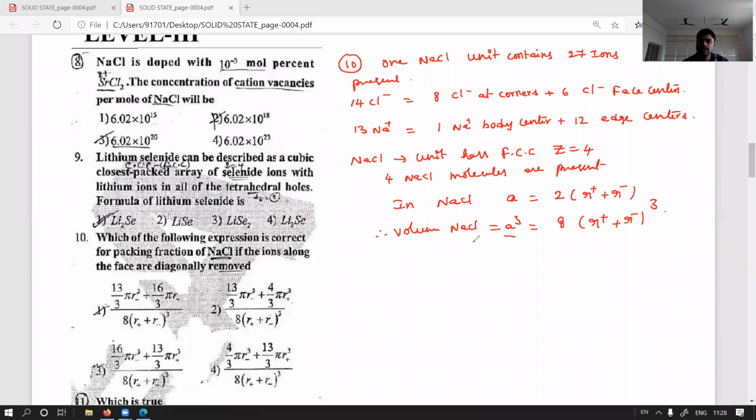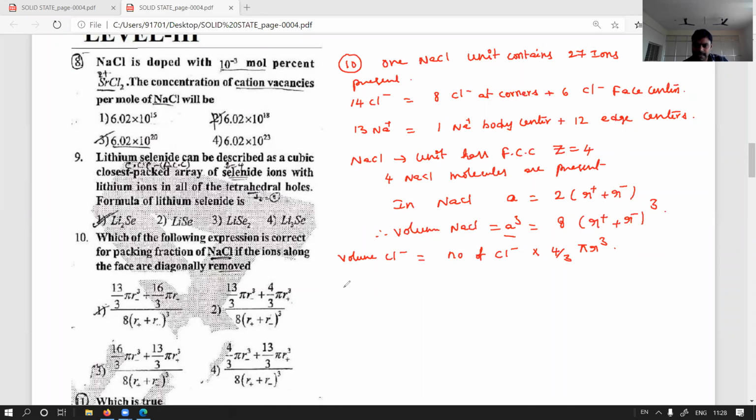Now we have to calculate the volume occupied by the atoms in the FCC crystal structure. The chloride ions are present at corners and 6 face centers, so the volume is the number of chloride ions into 4/3 pi r cube, because the volume of an atom is 4/3 pi r cube.